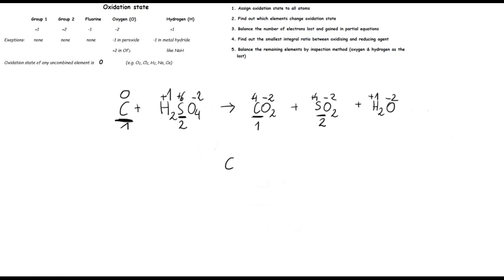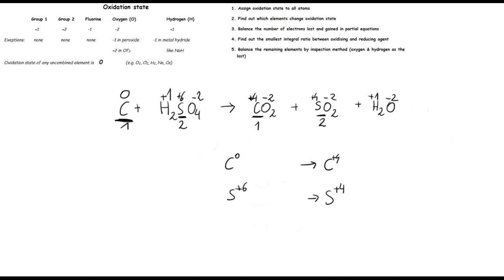So we have carbon with oxidation state 0, and it's changing to carbon with oxidation state +4. Another element changing oxidation state is sulfur, from oxidation state +6 changing to sulfur +4.